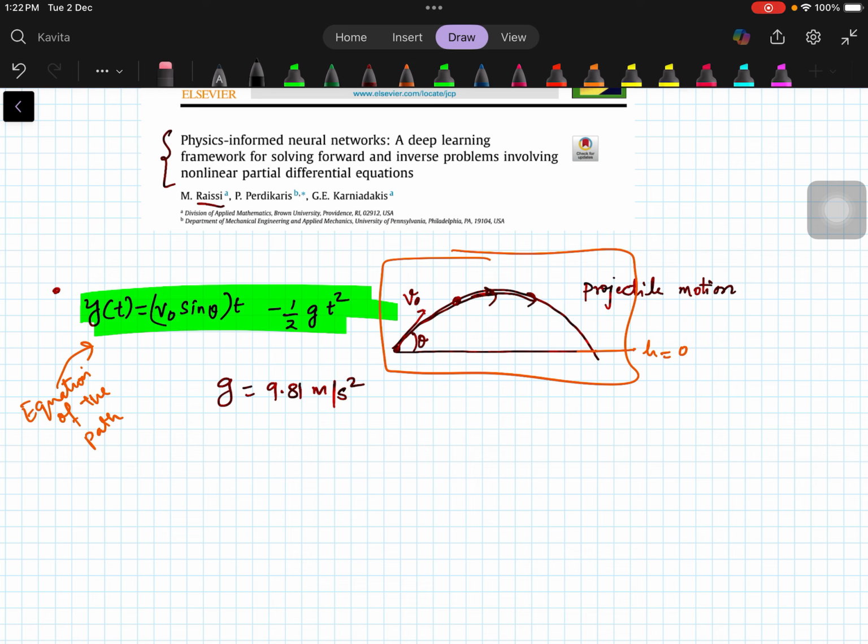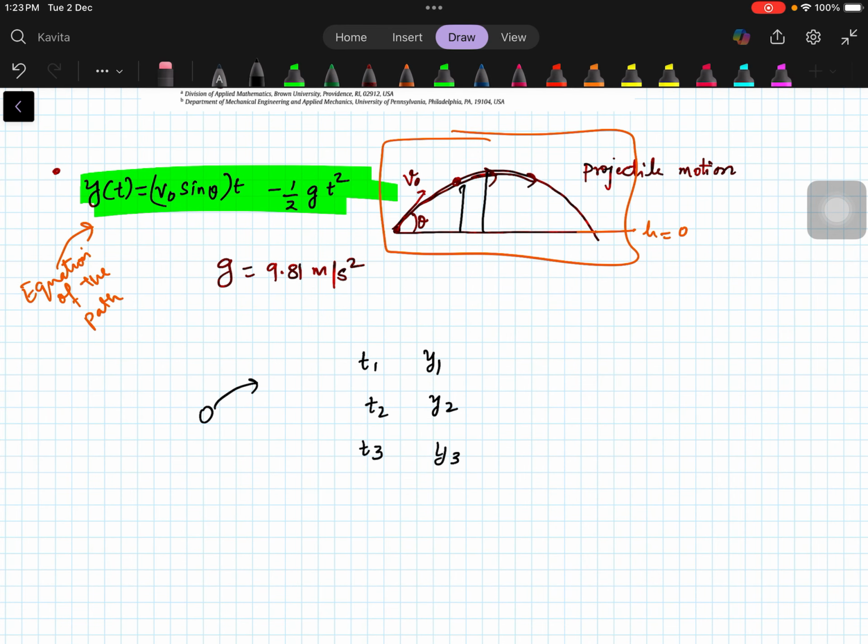Now suppose this is the kind of model you want to study. You can do some experiments. You throw a ball, and at time t1 you note the vertical position, the height. At time t2 you again note the vertical position. At time t3 you again note the vertical position.